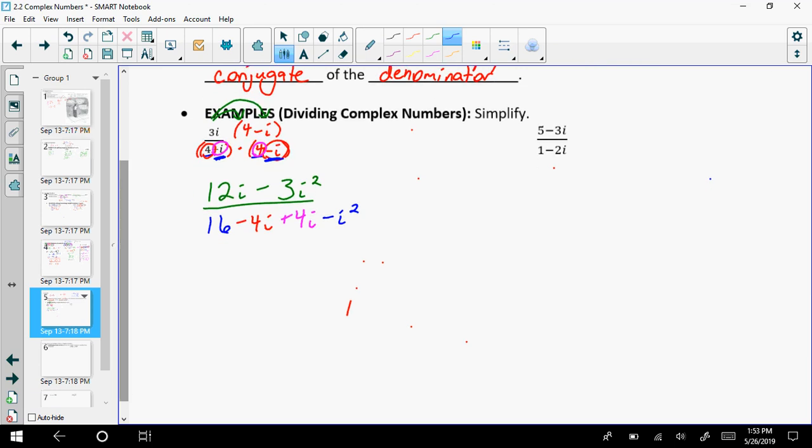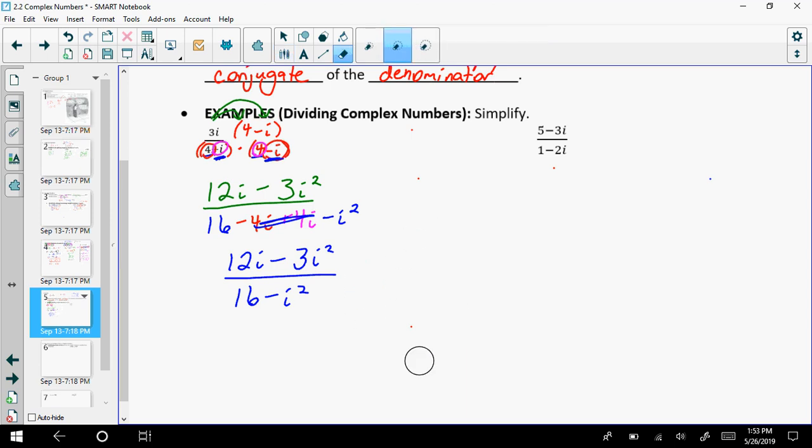So watch what happens here. Up top, I'll still have my 12i minus 3i squared. And on the bottom, my 4i's would cancel. And hopefully you've guessed it by now, there's another thing I would want you to do, and that's to get rid of the i squareds.